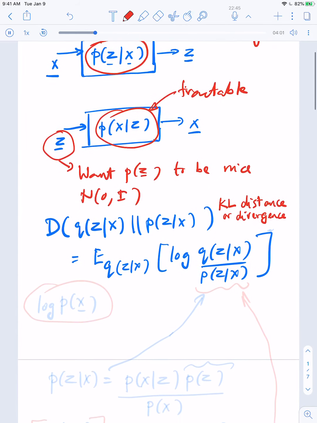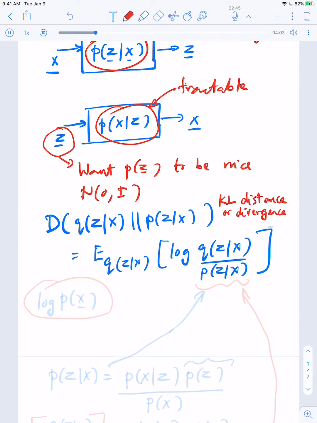So what I want to understand is, how does this relate to the likelihood function? Basically the likelihood, the probability of the data I'm seeing, or the log of the probability of the data I'm seeing. I don't know p(x). I don't know anything really right now.